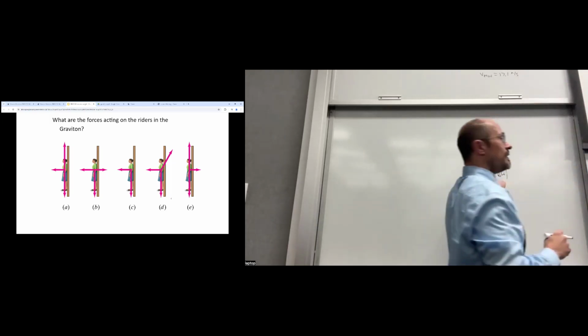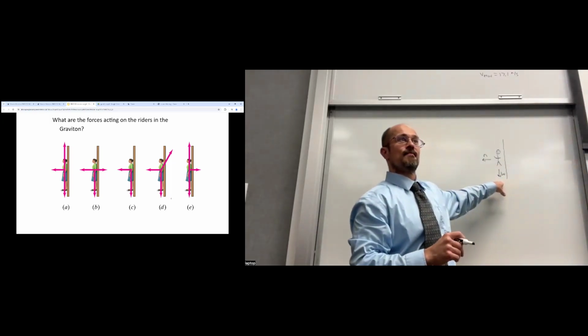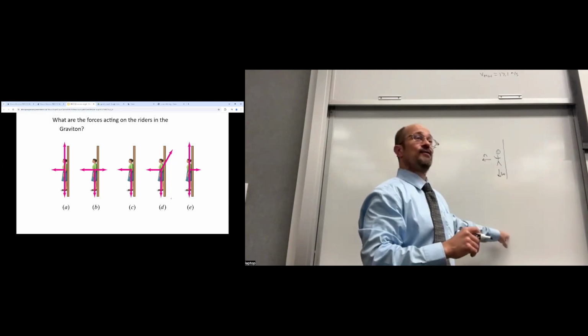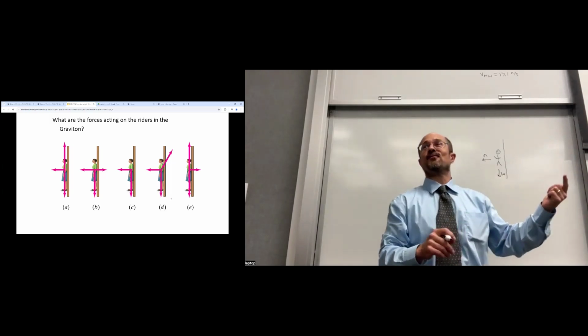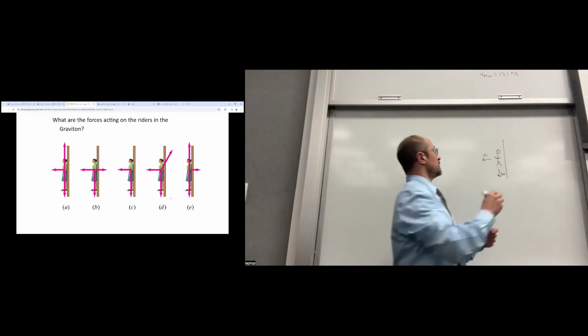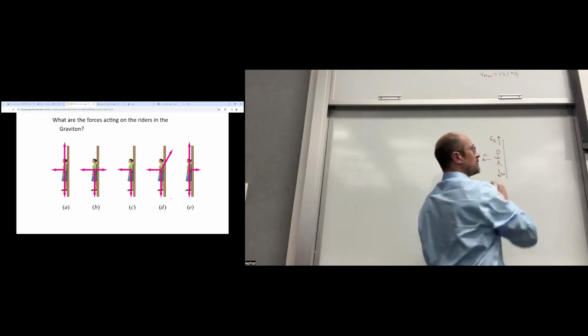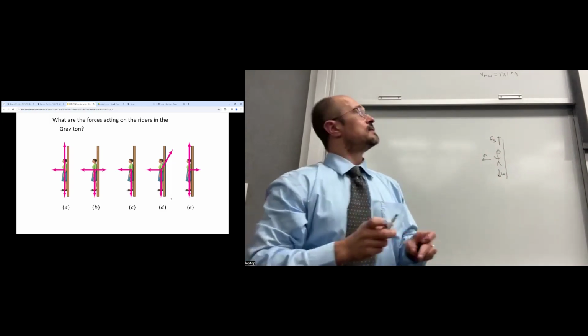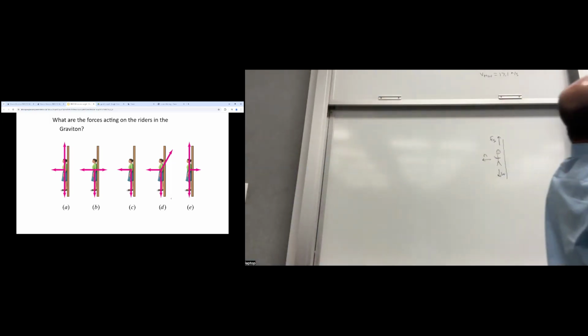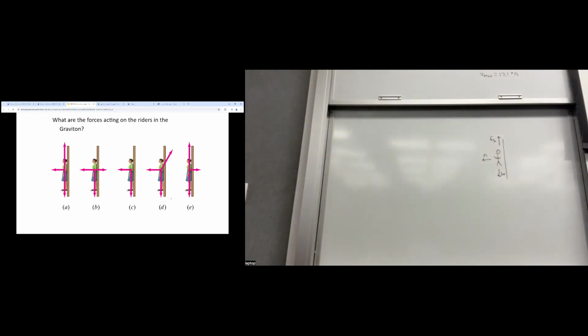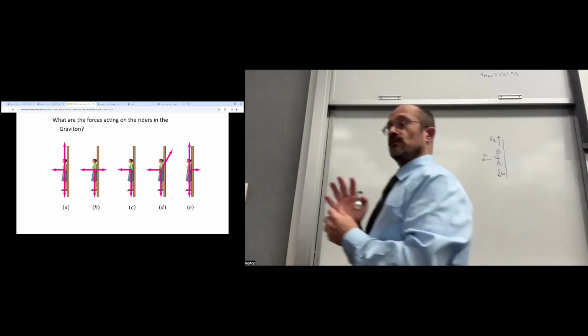Otherwise, weight would make you just fall down. So what stops you from falling? Friction. And friction is a parallel force from surface to object. So when we look at our forces, the answer that we should pick is A, right? Based on applying our force principles.